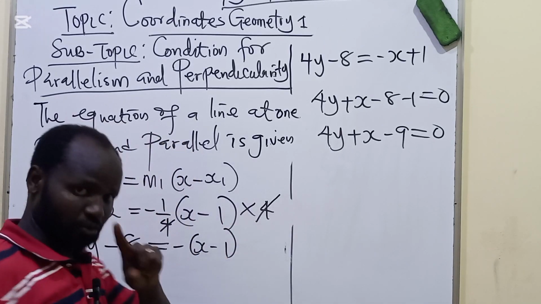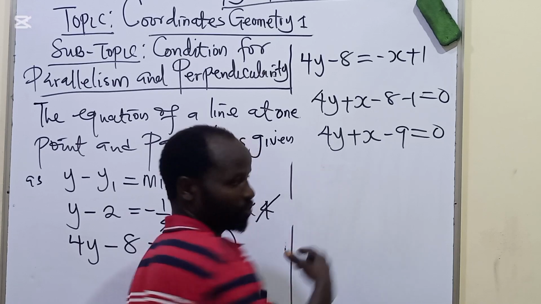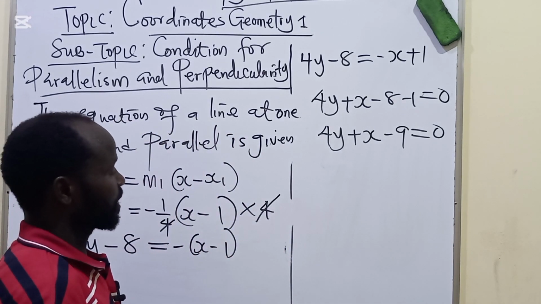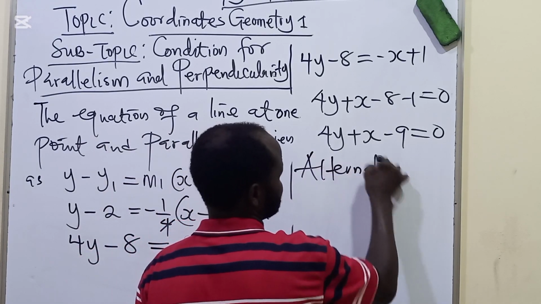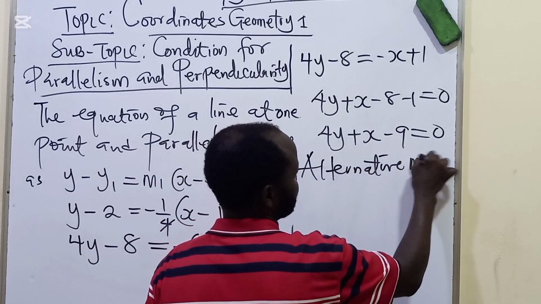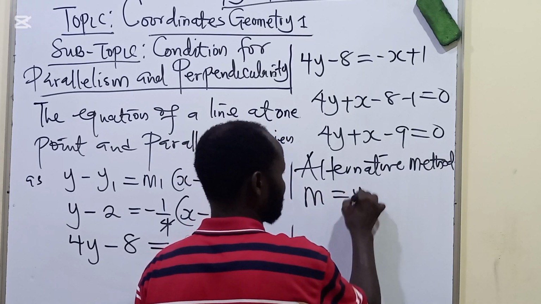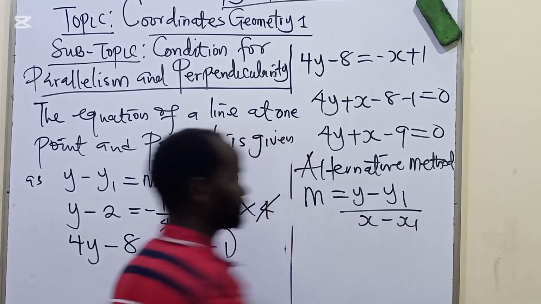This is method 1. Let's look at the alternative method. There are other ways we can find the equation at one point. So let's say alternative method. What would be the alternative method? m is nothing but y minus y1 divided by x minus x1.